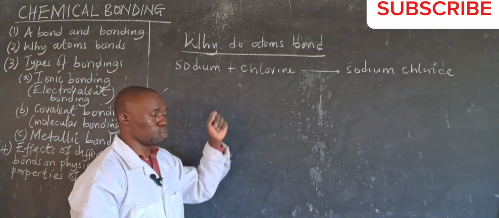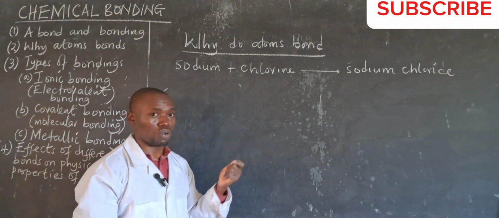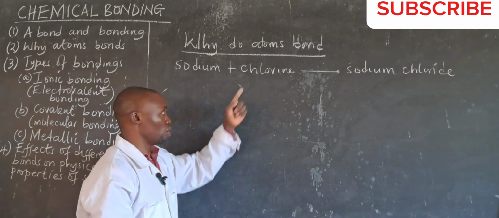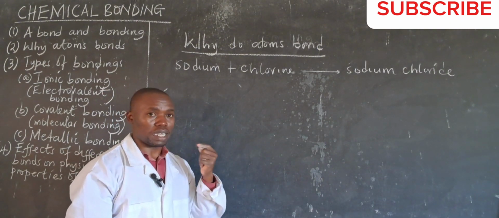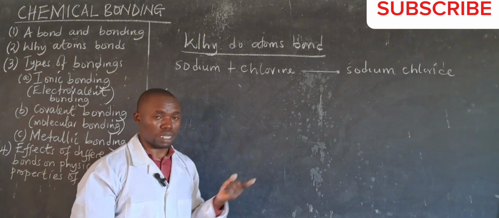Remember, this is only possible as long as sodium has a love to combine with chlorine because it lacks something. Sodium lacks something, chlorine lacks something. That's why they are getting together to form a compound called sodium chloride.